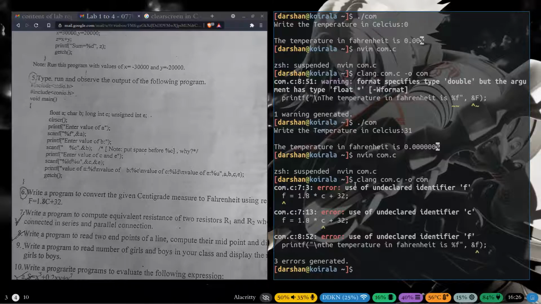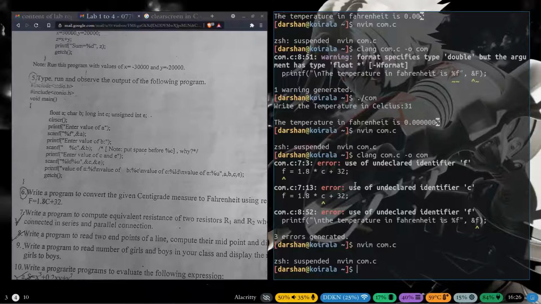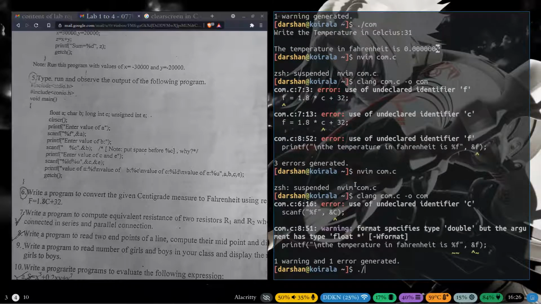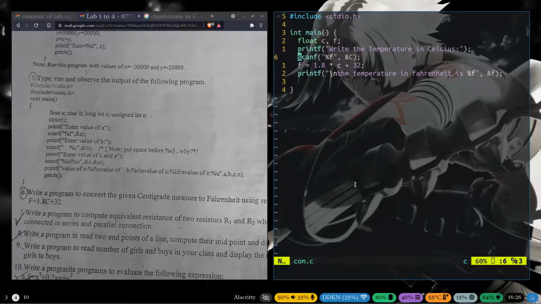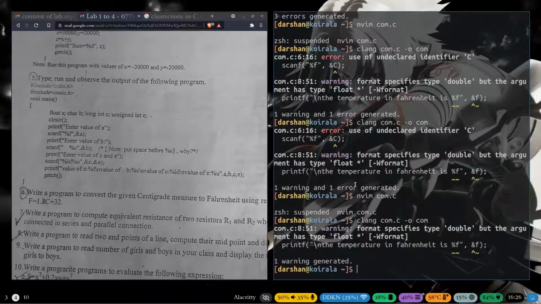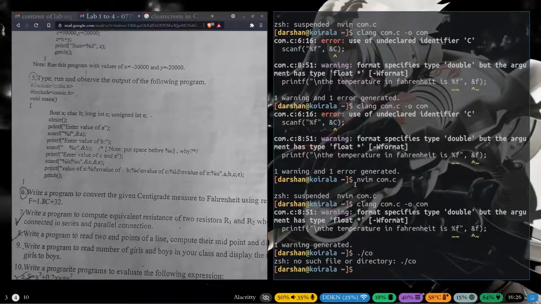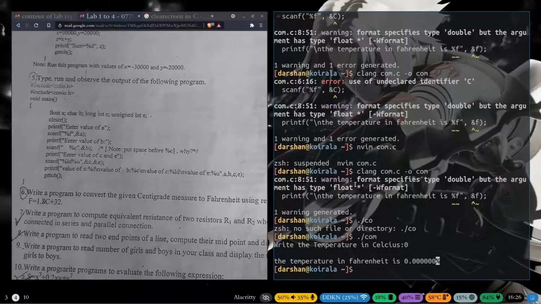Undeclared identifier. Oh. One error. Again, undeclared identifier. I'm just gonna decapitalize everything. Yeah. Why the heck is it happening?